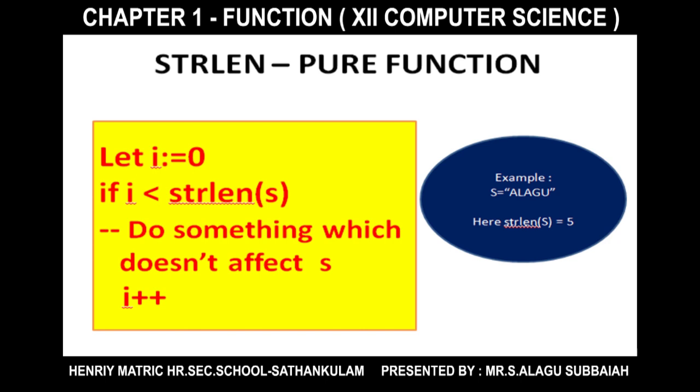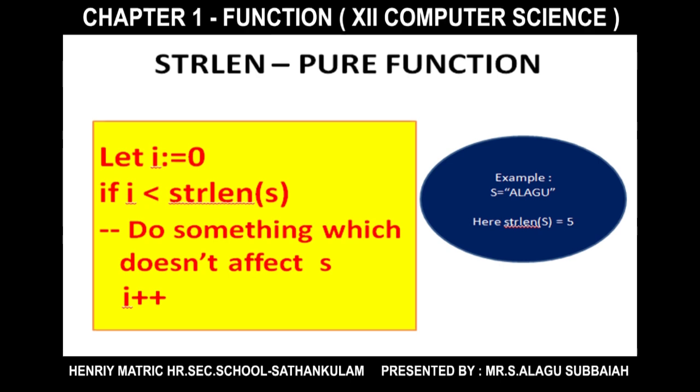Suppose the condition is true, then whatever else happens does not affect the string s, and the i value is incremented. Suppose we start the second iteration, the i value is now 1 and it is again compared with strlen of s. Here the compiler doesn't compute strlen of s again because it has already found it. So here s is a fixed length string.